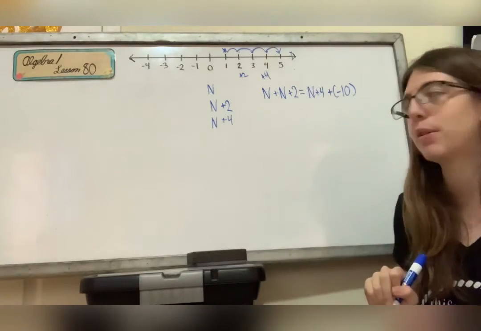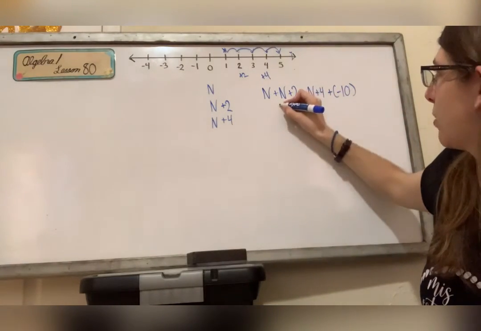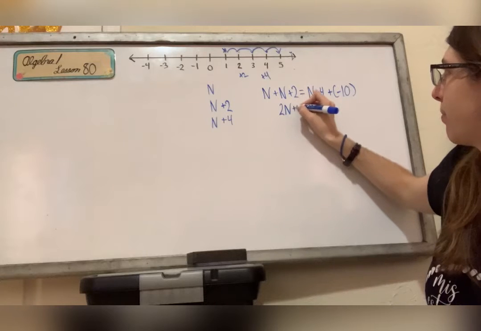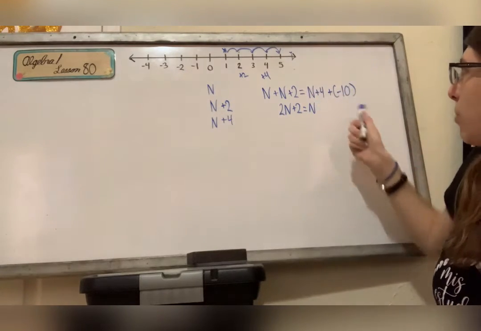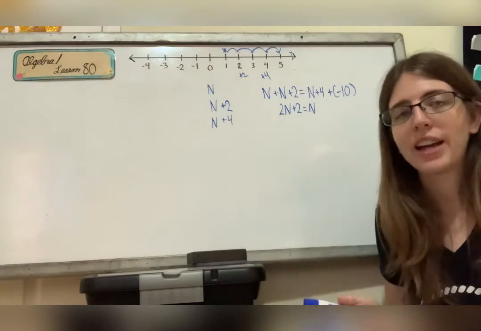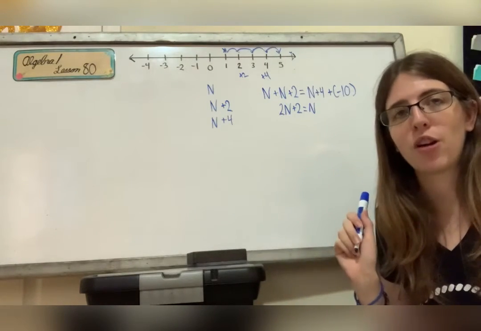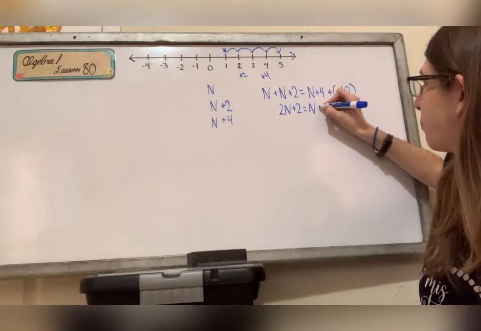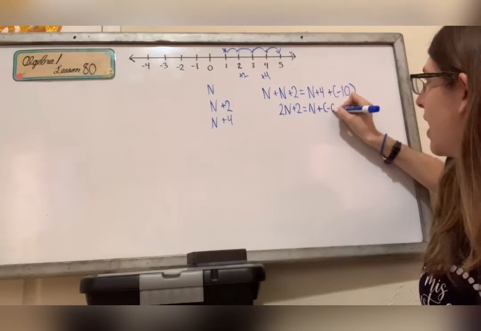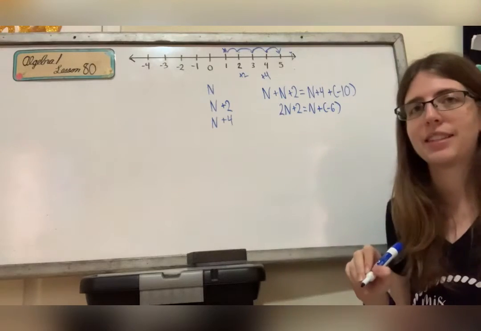Okay, so now let's simplify. I have 2n over here plus 2 equals n, then I have 4 plus negative 10, subtract 10 minus 4 is 6, greater absolute value is negative 10, so it's negative 6. So n plus a negative 6.